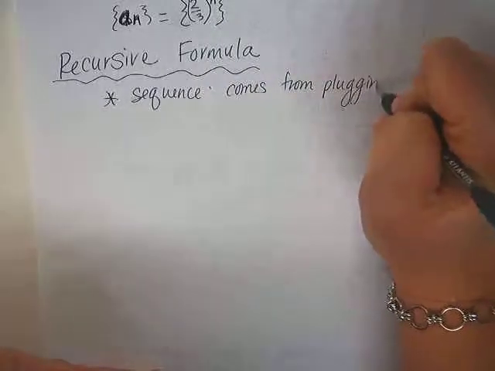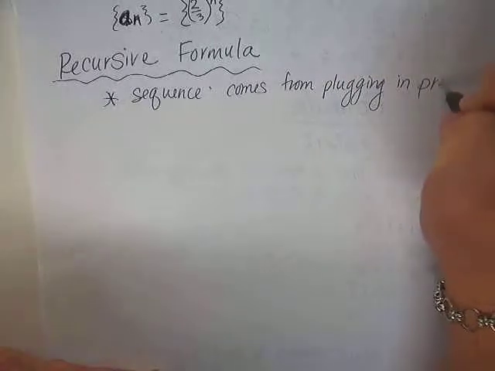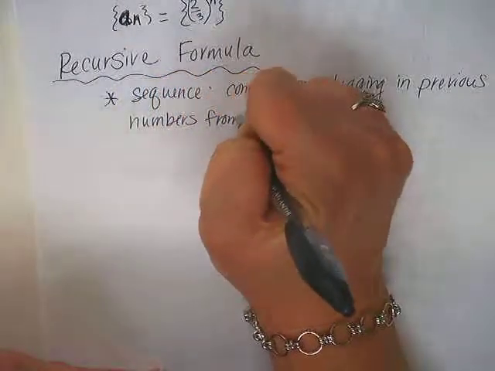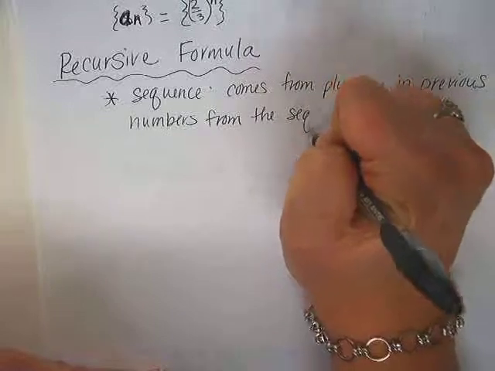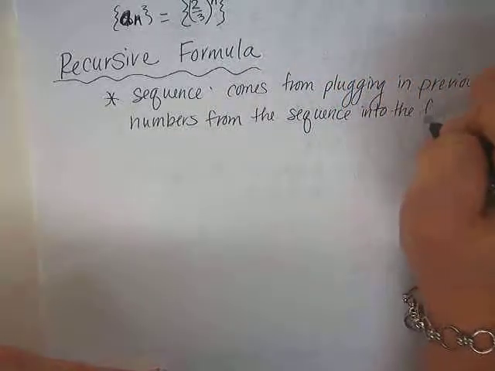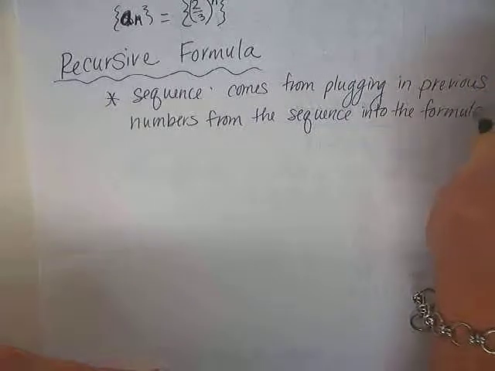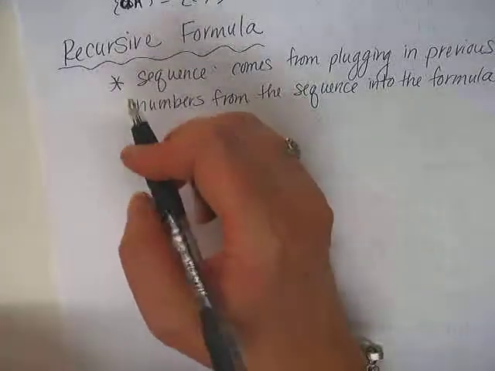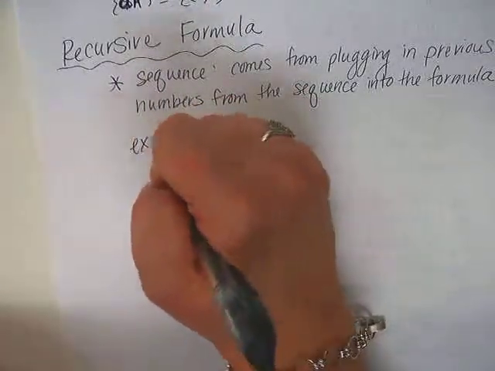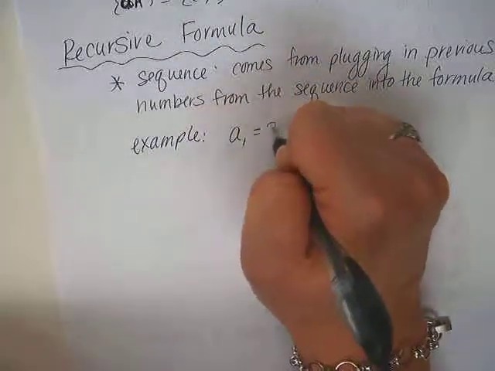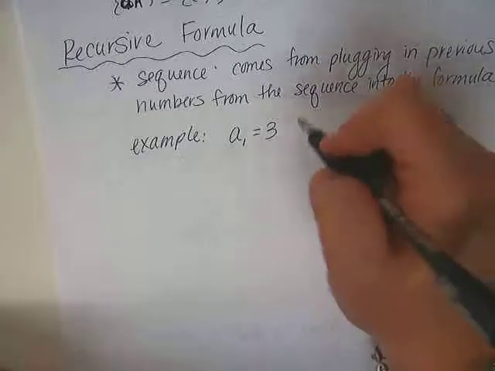So the sequence comes from plugging in previous numbers from the sequence into the formula. I found that sometimes students have a little bit of a hard time with this, not because it's hard, but because of the notation.